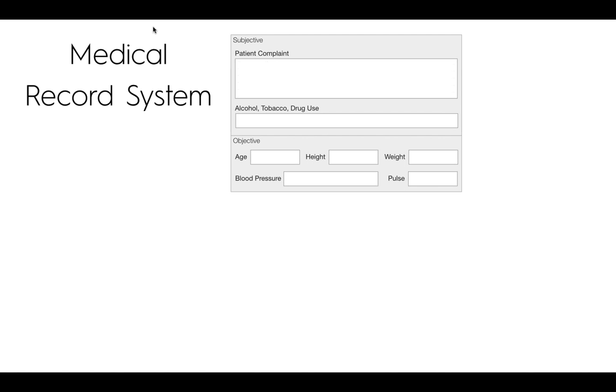Maybe there will be some questions on the form about lifestyle and other subjective information that the patient will self-report to describe what's going on, and that goes onto the form, generally in open text fields.